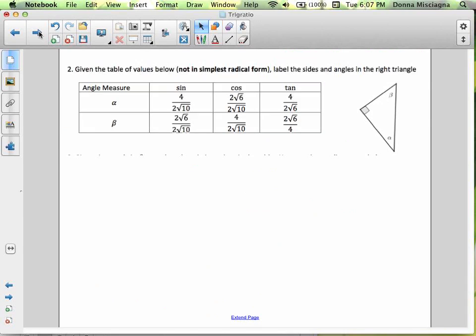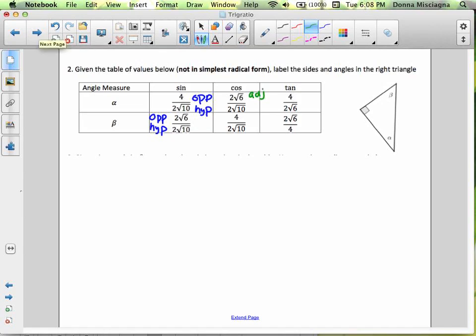So remember, sine is opposite over hypotenuse. Right? And so we have opposite and hypotenuse for this one, opposite and hypotenuse for this one. Cosine is adjacent over hypotenuse.